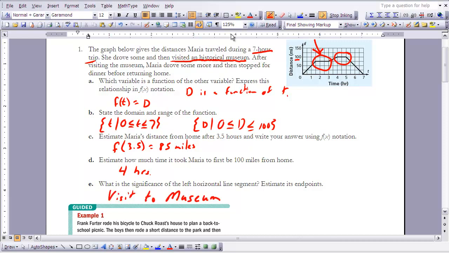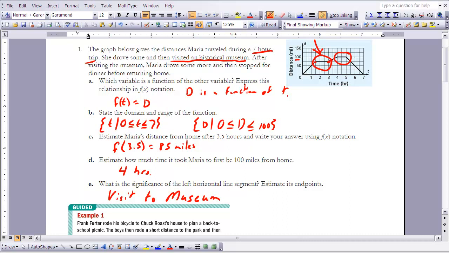And then the second piece of that problem says estimate its endpoint. So I want to know what this point right here is and what this point right here is in terms of ordered pairs.